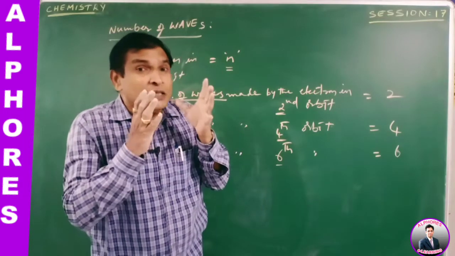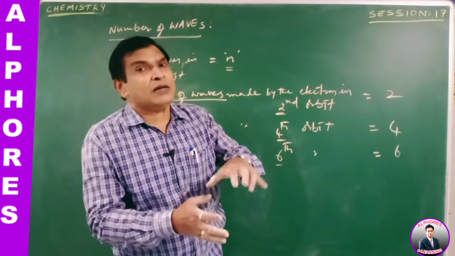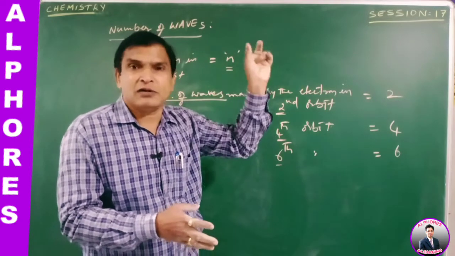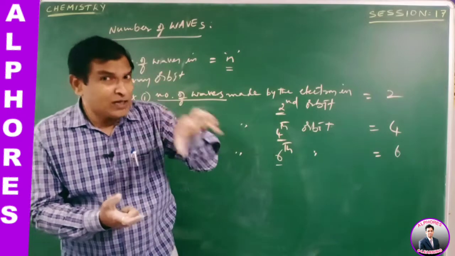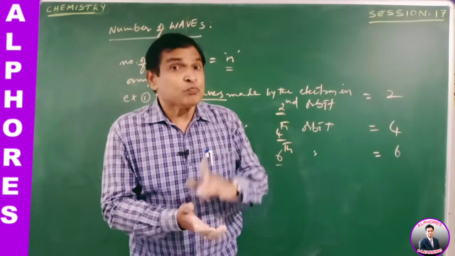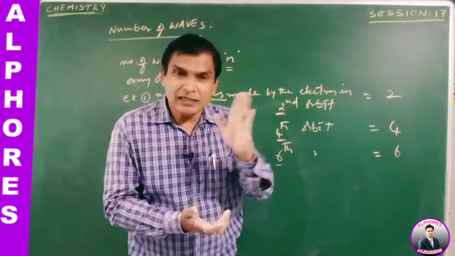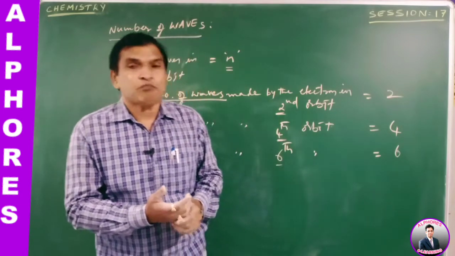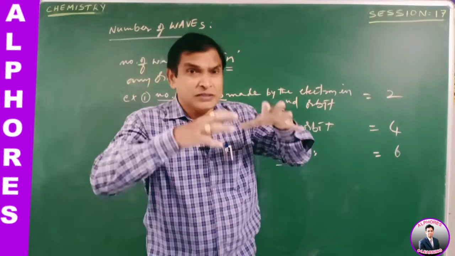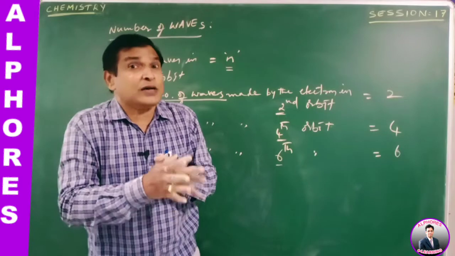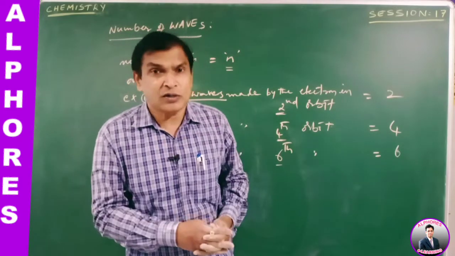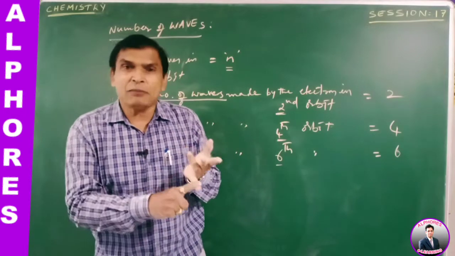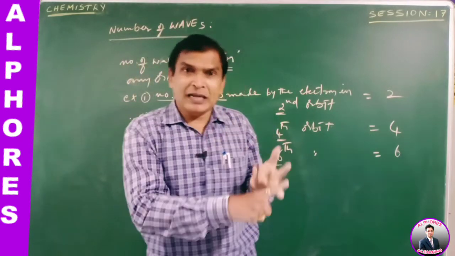Done. Next, the derivation of the equation for the energy of the electron in the nth orbit of species containing one electron. That also completed. Next, the equation to calculate the velocity of the electron in the nth orbit. That also completed. Radius completed, energy completed, velocity completed.